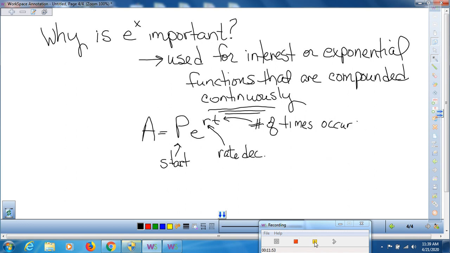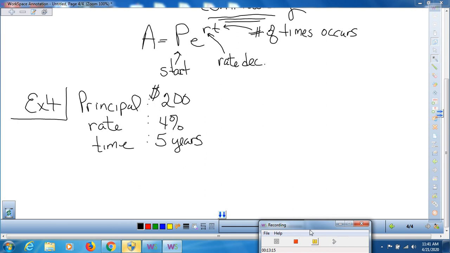Let's try an example. All right, let's try this example. In this one, we are going to calculate something that's compounded continuously. If you're given the principal of $200, your rate at 4%, and your time for 5 years, we're going to use PERT. So we have A equals P, which is our starting amount, 200.